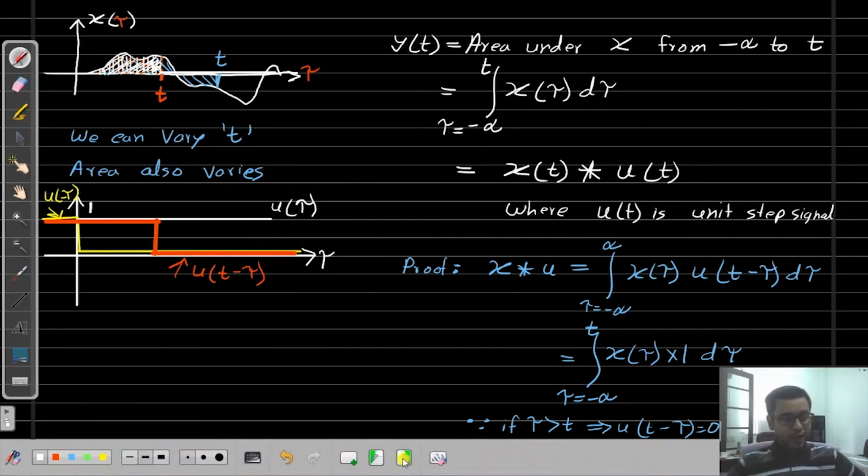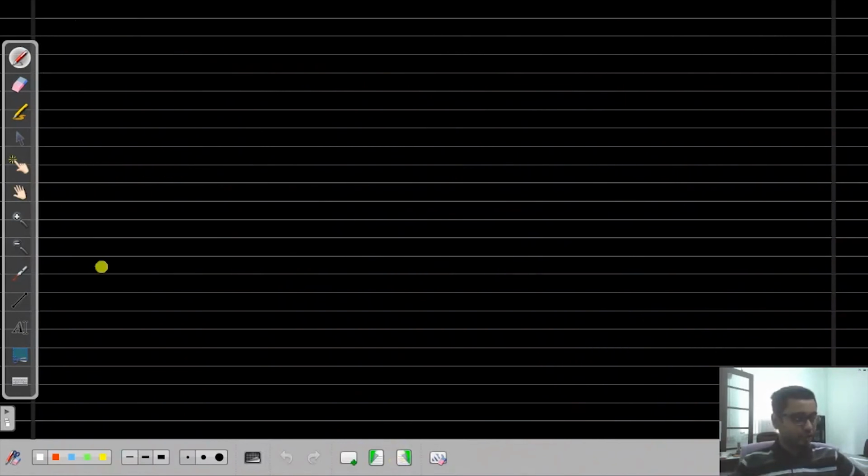Now I will tell you another very important formula, which is this. Given any arbitrary function x, if you convolve this with δ(t), the result will be x itself.